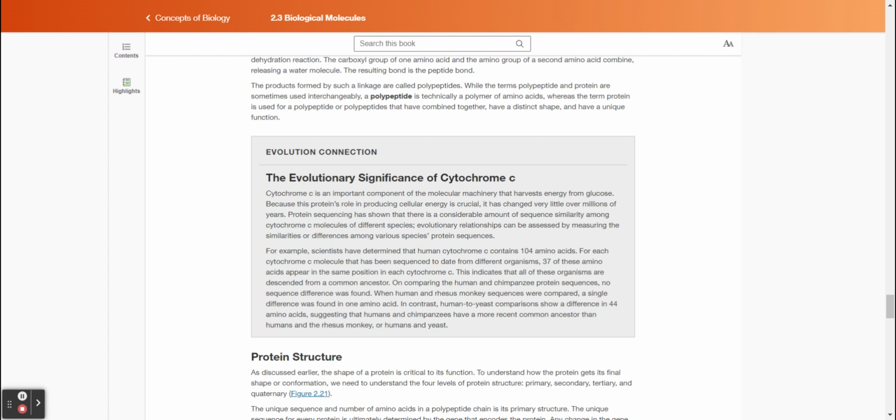On comparing the human and chimpanzee protein sequences, no difference was found. When human and rhesus monkey sequences were compared, a single difference was found in one amino acid. In contrast, yeast to human comparisons show a difference in 44 amino acids, suggesting that humans and chimpanzees have a more recent common ancestor than humans and the rhesus monkey or humans and yeast.